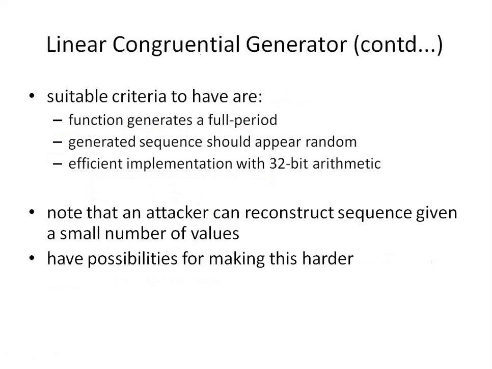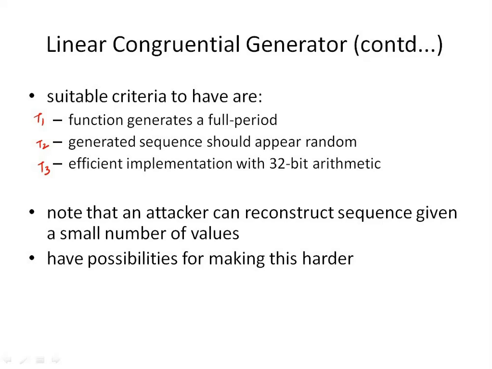So what are the different criteria that these linear congruential generators should satisfy? There are three tests, denoted as test T1, test T2, and test T3. The first test is that the function should generate a full period.